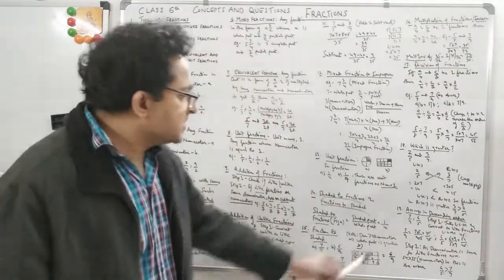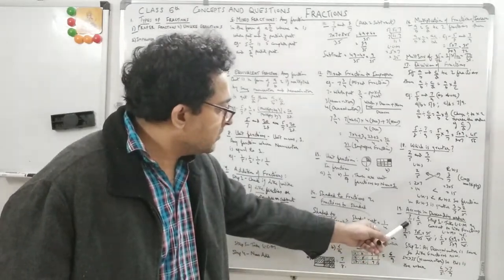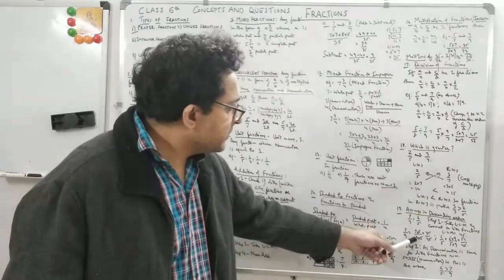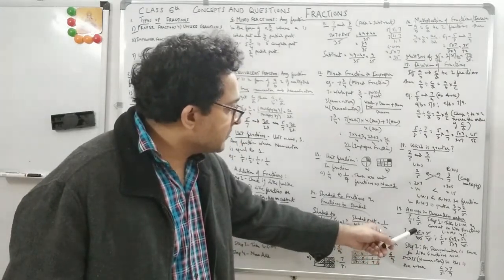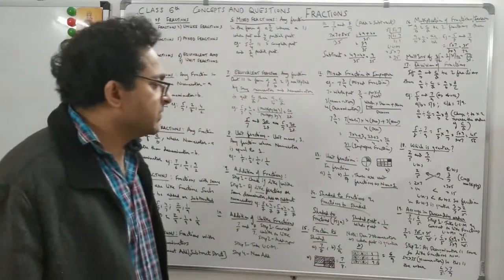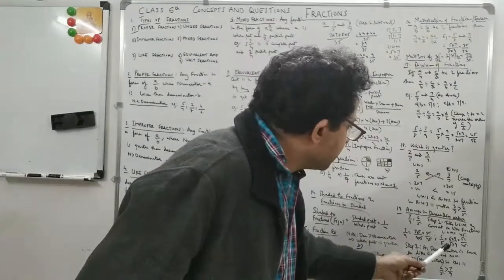So as the LCM is 45, how much do we multiply this denominator 9 by so as to get 45? By 5. Same way we will now multiply by 5 in the numerator as well. So we get 35 by 45 as 7 by 9. And what about 6 by 5? 5 into 9 is 45.